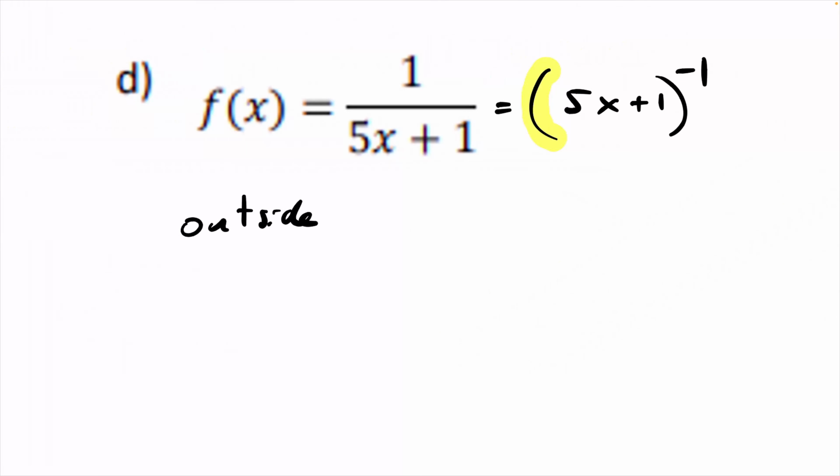The outside is something to the -1 power. So if it's something to the -1 power, you guys have done this before. Anything to the -1 power. How would we find the derivative of that? Let's say x. How would we find the derivative of that? Move the -1 to the front.